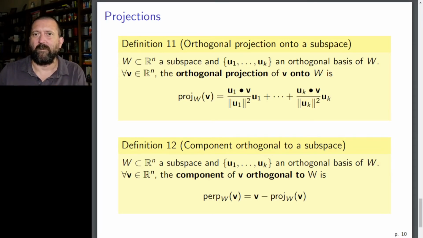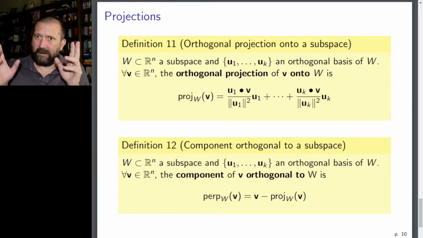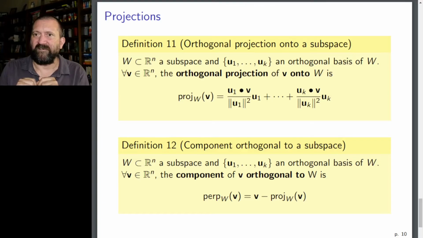So let's go over these definitions quickly. The first one, 11, is: let me take a subspace and an orthogonal basis of that subspace. It doesn't have to be orthonormal.